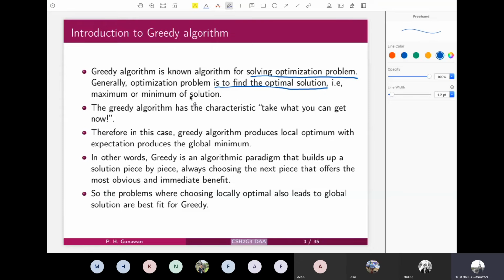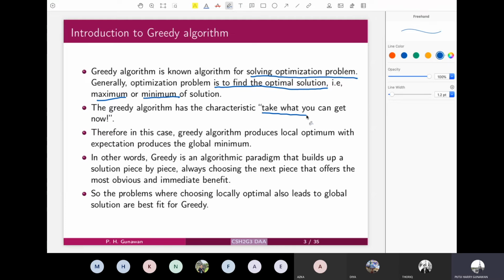The optimal solution can be either maximum or minimum. And what is actually the greedy algorithm? The greedy algorithm has the characteristic of taking what you can get now. It's like a greedy human who takes anything. It takes what you can get now.